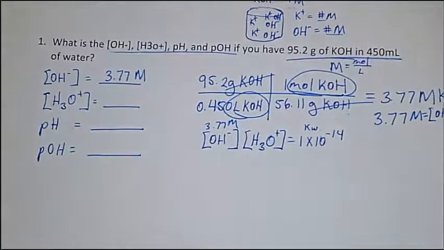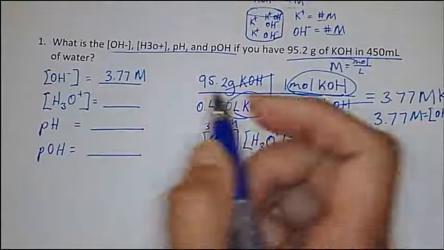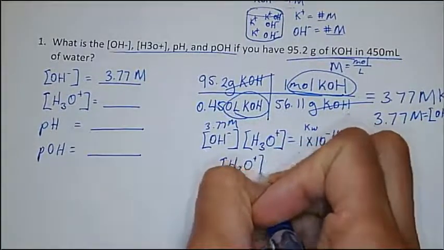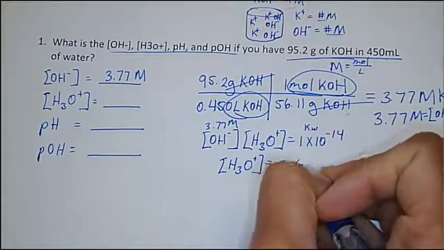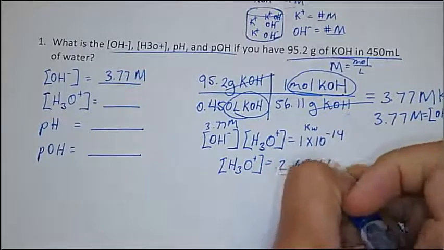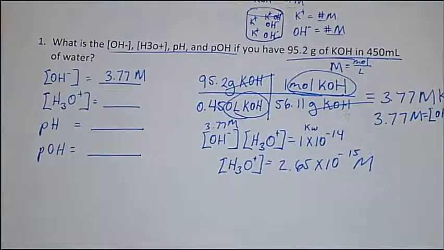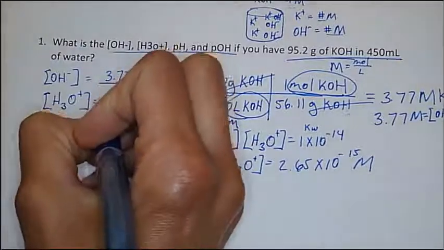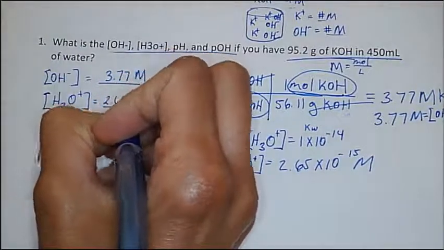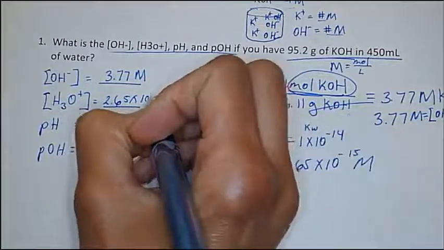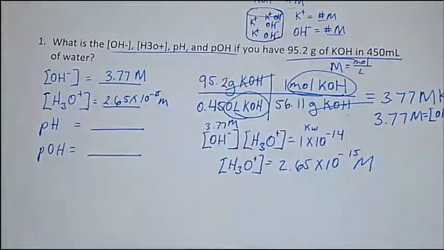So I'm going to divide by 3.77. And when I do, my hydronium ion concentration in this case is 2.65 times 10 to the negative 15th molarity. Okay, so in this case, my answer is 2.65 times 10 to the negative 15 molarity.